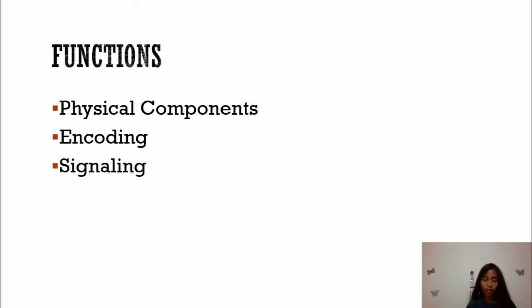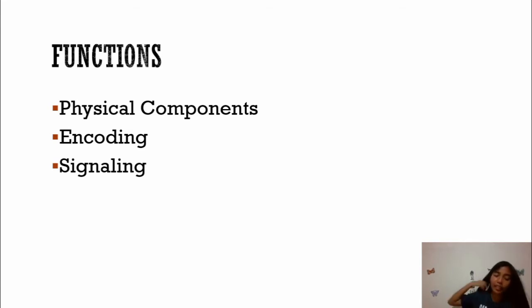So for the next one, we have the encoding, or what we call the line encoding. This method is converting a stream of data bits into predefined codes. The codes are groupings of bits used to provide a predictable pattern that can be recognized by both sender and the receiver.